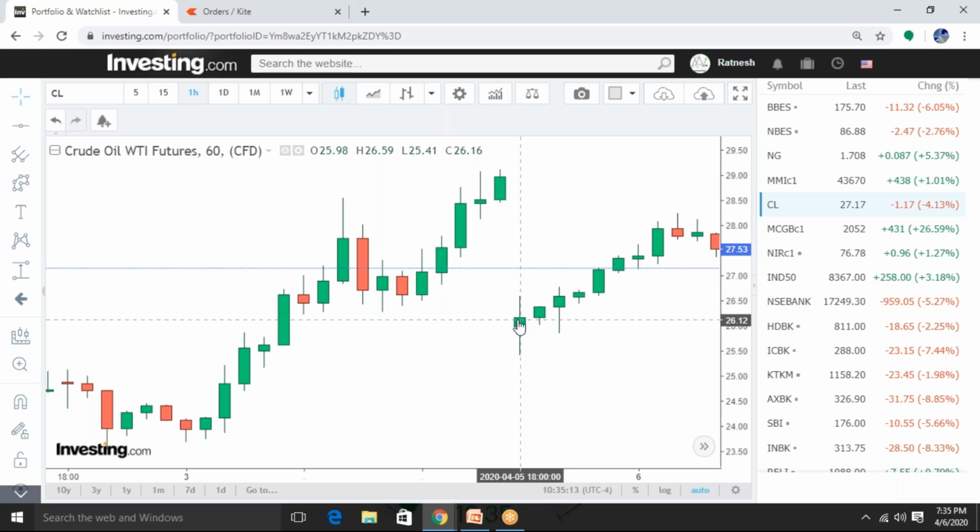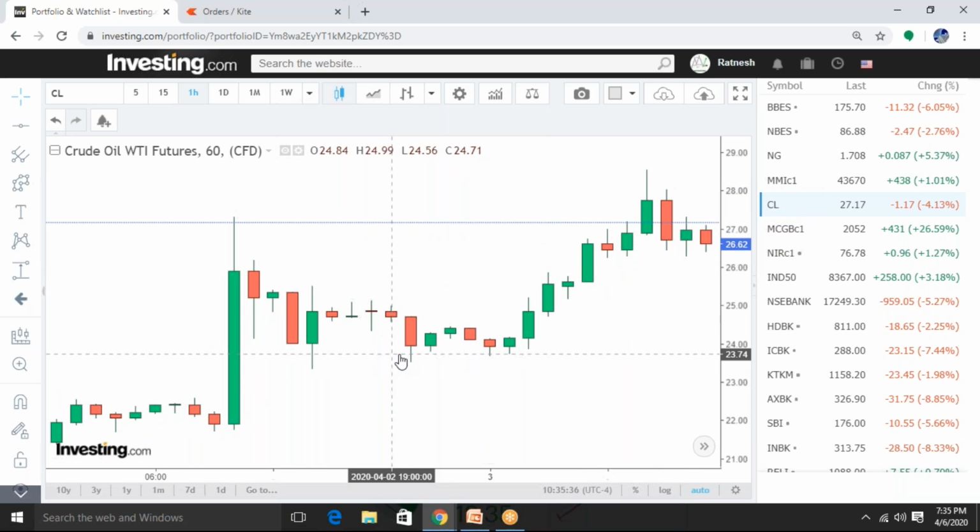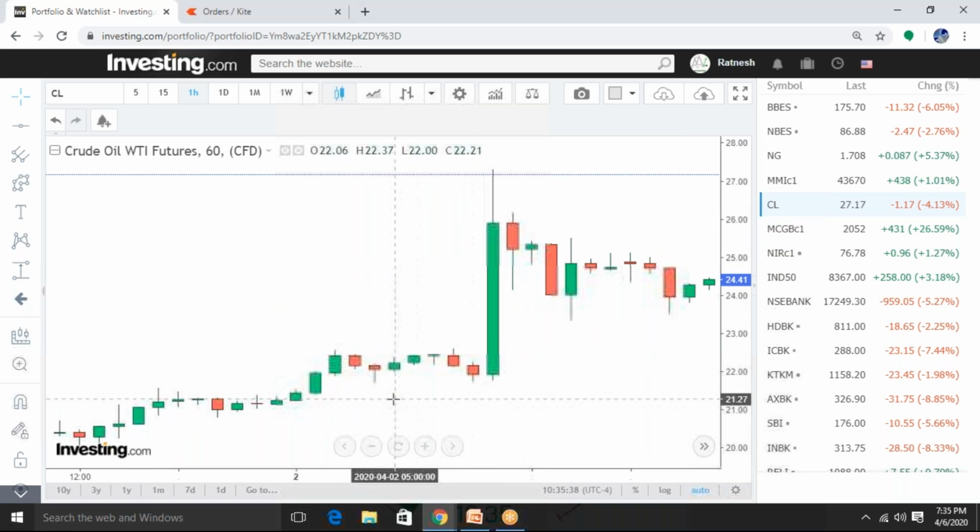See, this is a spinning bottom. But the market trend was almost upside, so you cannot consider it a spinning bottom because the whole trend was upside. This is the revision part.